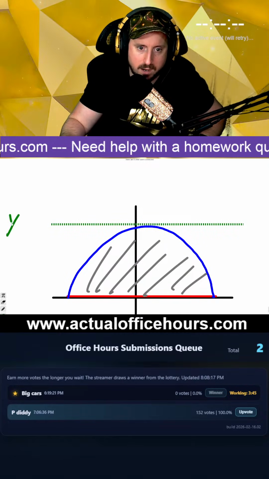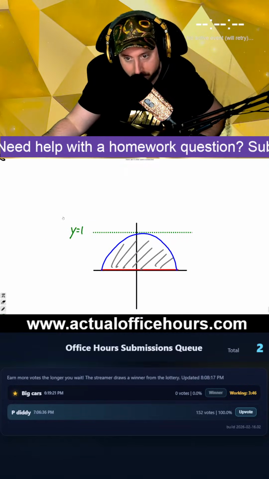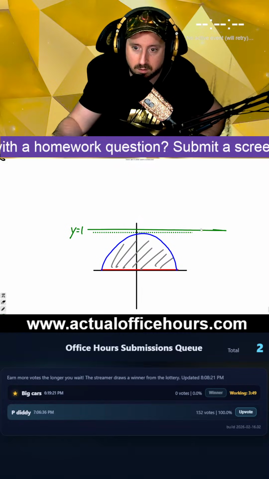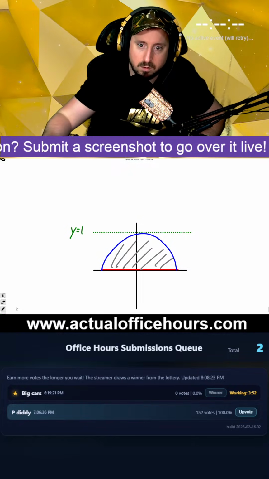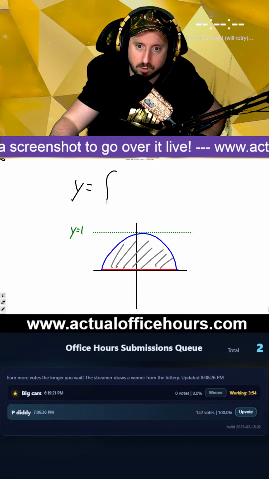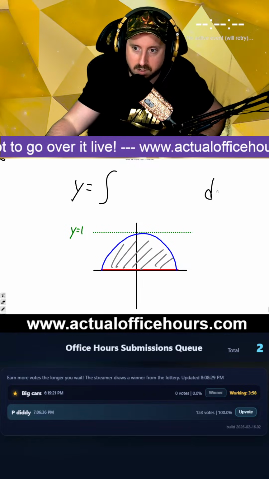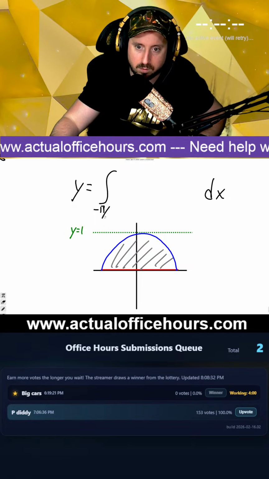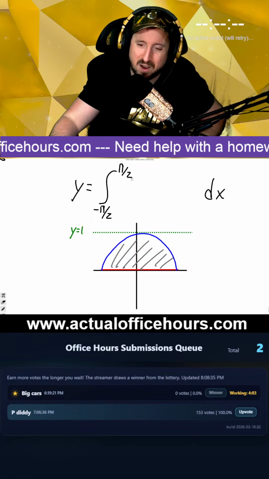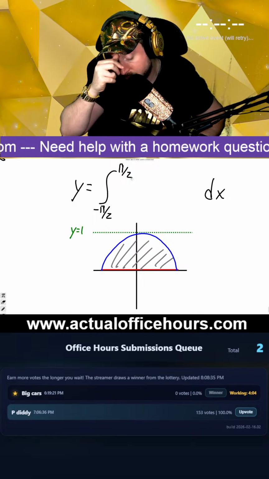Okay, if this is y equals 1, it's still a horizontal axis of rotation. So we still have y is equal to, and this is going to end up being dx, and then we're still going from negative pi over 2 to pi over 2, but now r outer and r inner change, okay?